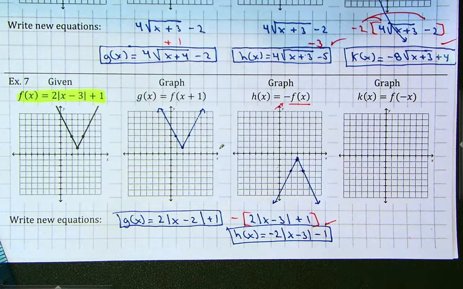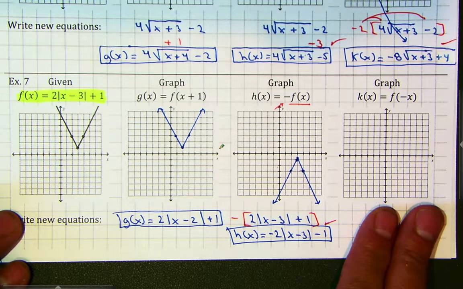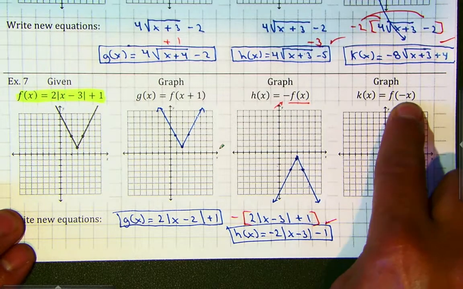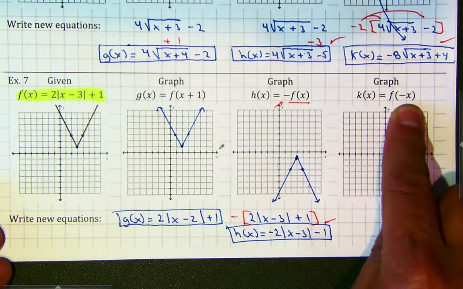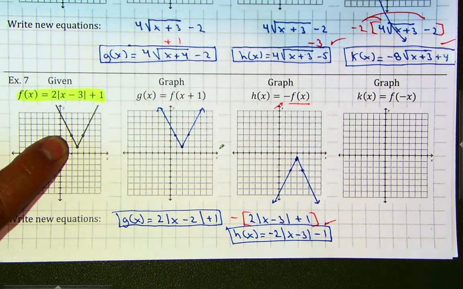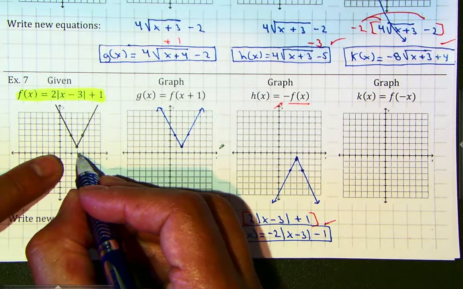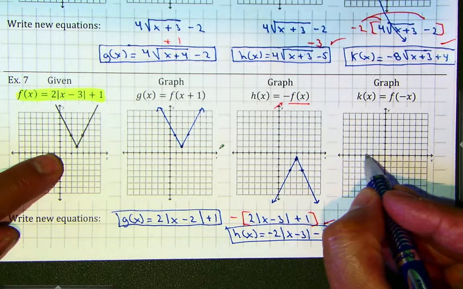How about for letter C? Try it, see what you get, and we can compare our answers. What is the negative going to do to the graph? It's going to be a reflection on the y-axis. So therefore, we're going to multiply each of the x's by negative. So it'll be 3, positive 1. So now it'll be negative 3, positive 1.